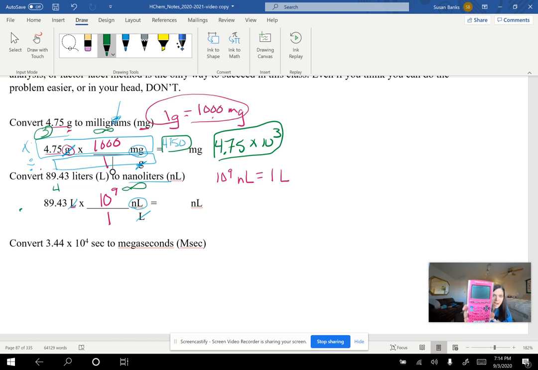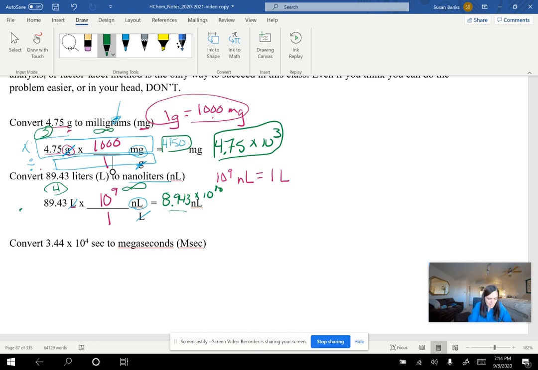So you should have something like this in your calculator. Okay, then we will push enter, and our answer here will be 8.943 times 10 to the 10th. Okay, so notice I've got my 4 sig figs.